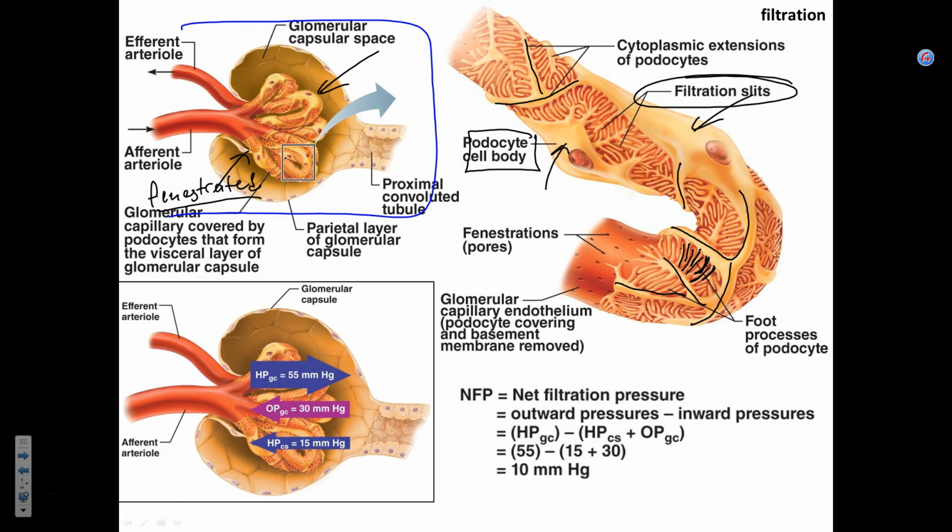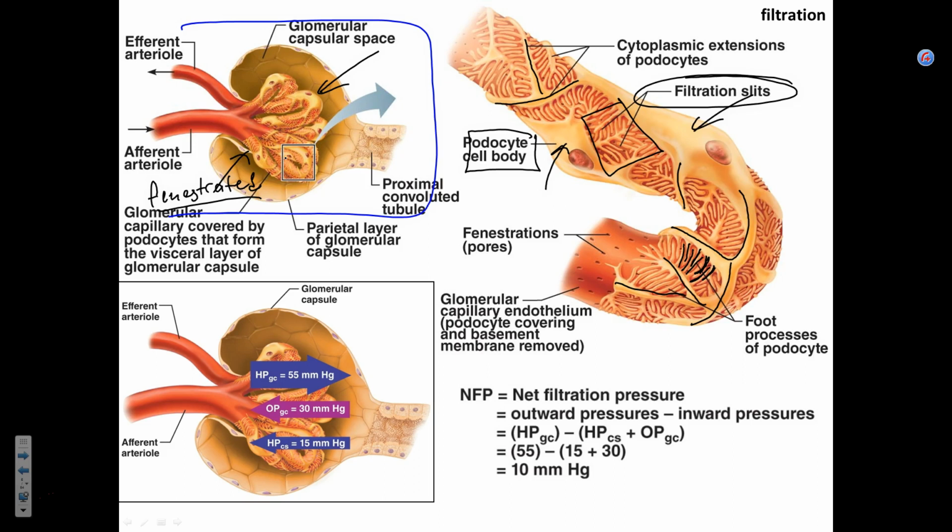They have openings called fenestrations that allow the transfer of various chemicals across the capillary wall. Does it make sense so far? Now, those fenestrations are the first filtration system in the glomerulus. The second filtration system is the slits, the filtration slits of the podocytes.